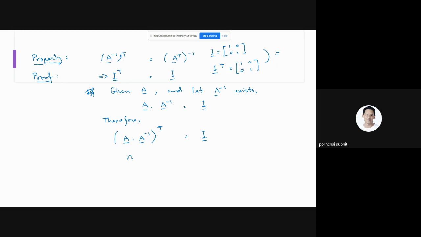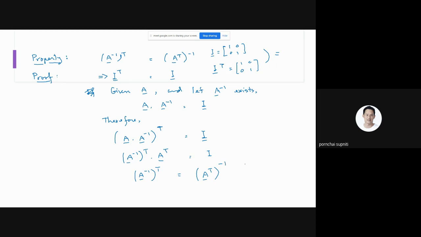So here I get A inverse transposed multiplied with A transposed, equal to I. From here you can say that A inverse transpose is equal to A transpose inverse.